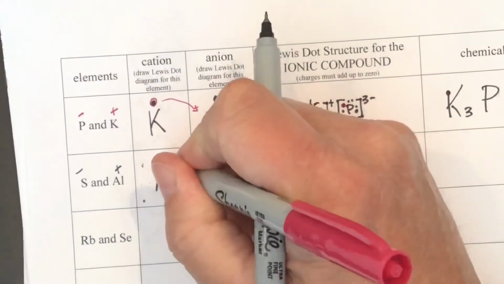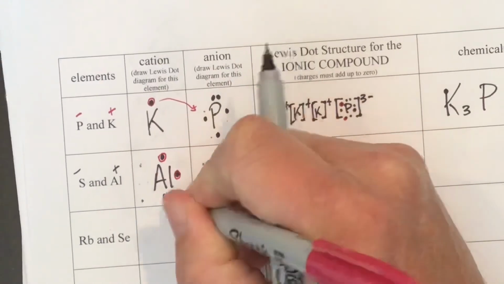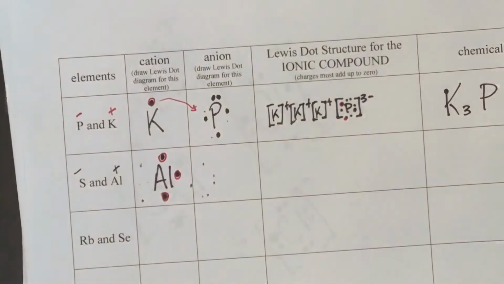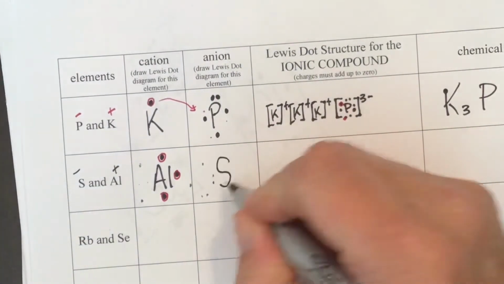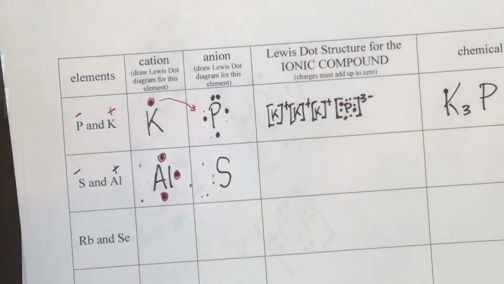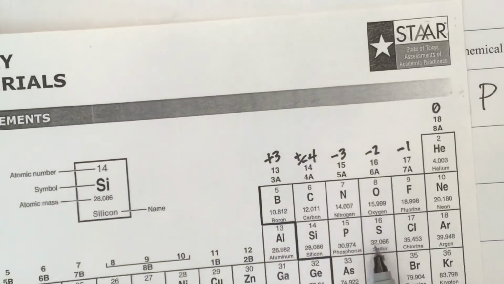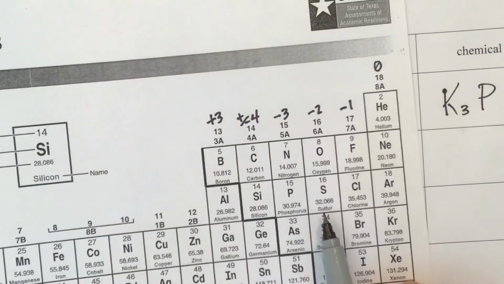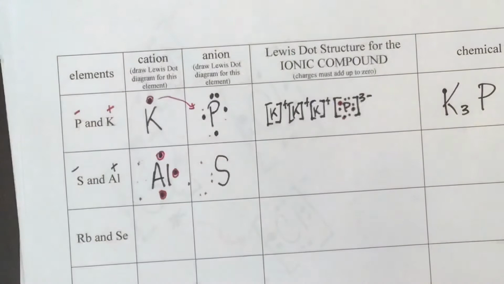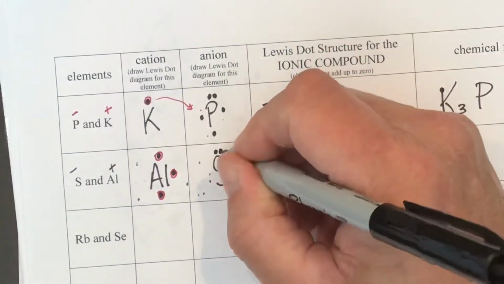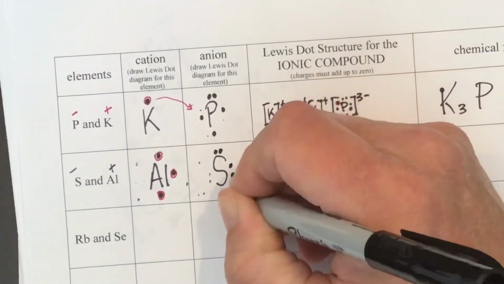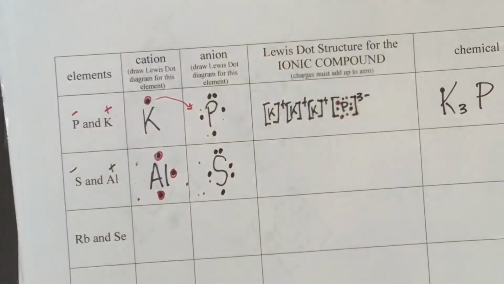And I'm going to color code those. And here is sulfur. And sulfur is in group 16 or 6A. It's going to have 6 valence electrons. So it's going to have 2 pairs and 2 singles.